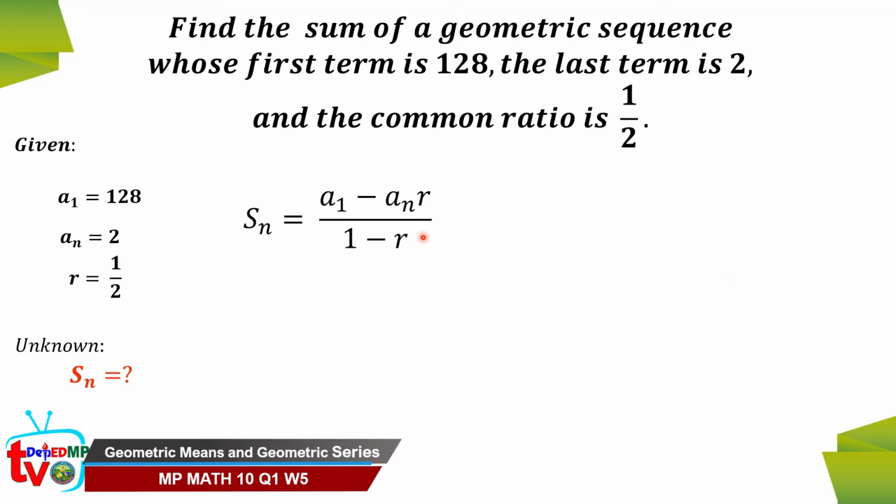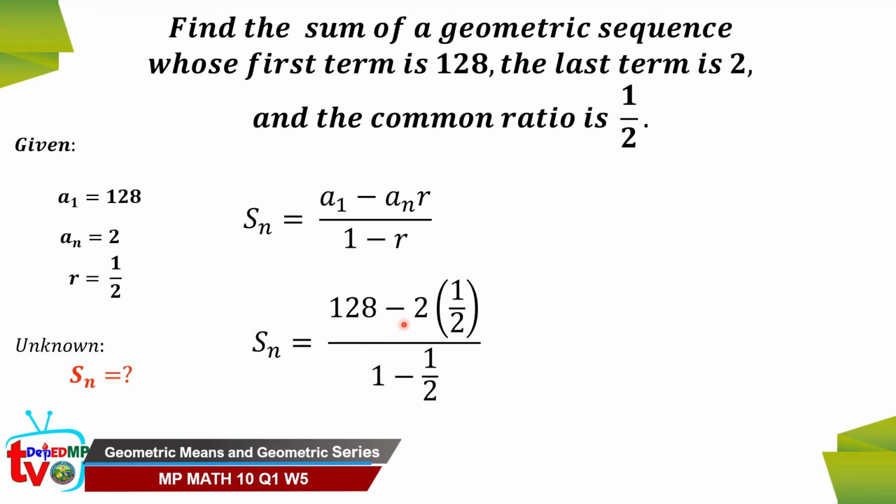Replacing the variables in this formula with the given values, we have now the geometric series that is equal to 128 minus 2 times 1/2 divided by 1 minus 1/2. First, we can simplify this equation by canceling out 2 and then get the difference between the terms in the denominator so that we have the geometric series that is equal to 127 divided by 1/2.